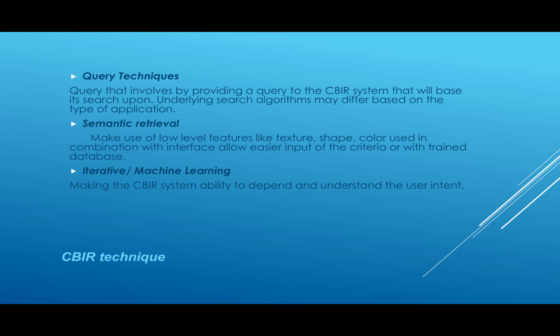Semantic retrieval basically makes use of local low level features like texture, shape, color used in combination with some interface which allows easier input of the criteria or with a trained database. Iterative or machine learning basically makes the CBIR system depend on and understand the user intent to a greater extent.